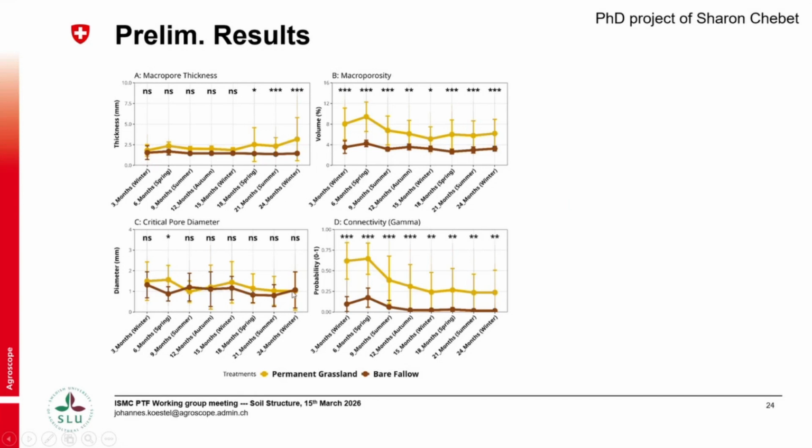So maybe Statis is not so wrong with saying, do we really need this kind of change? Sure, it's only the critical pore diameter and the saturated hydraulic conductivity, but it also goes in this direction. So maybe there is a lot of variance and temporal change in the soil properties, but maybe a lot of it is also canceled out by spatial variation.